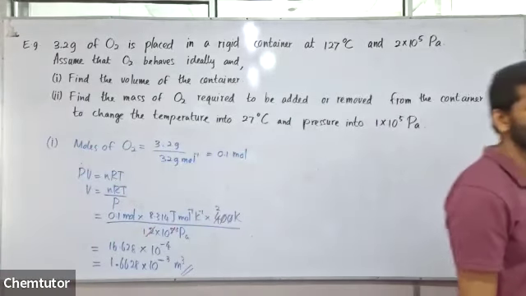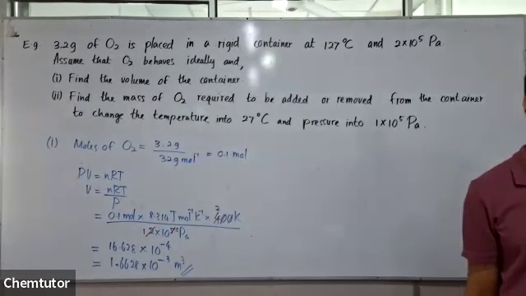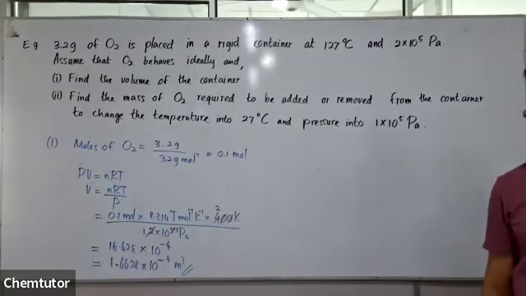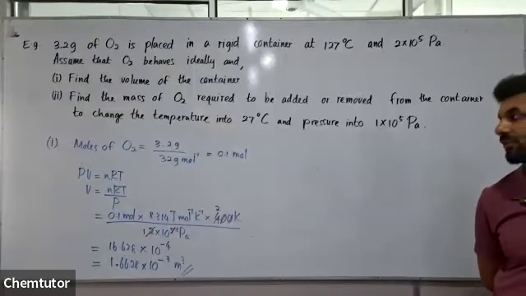So the answer is 1.6628 into 10 to the power minus 3 cubic meters is the volume.